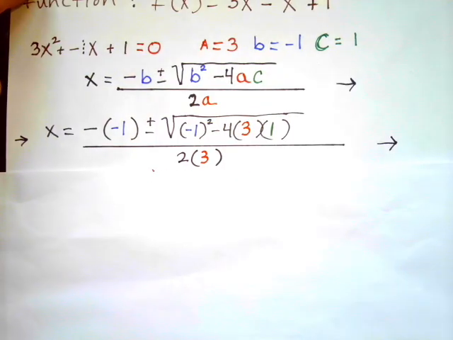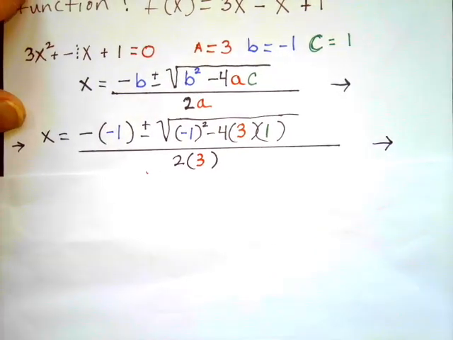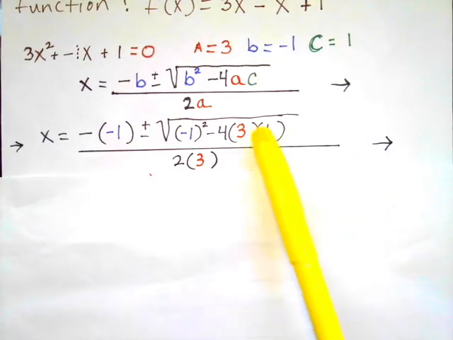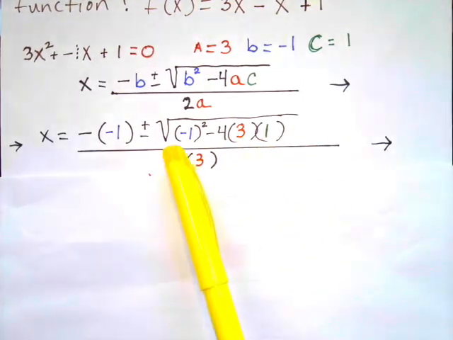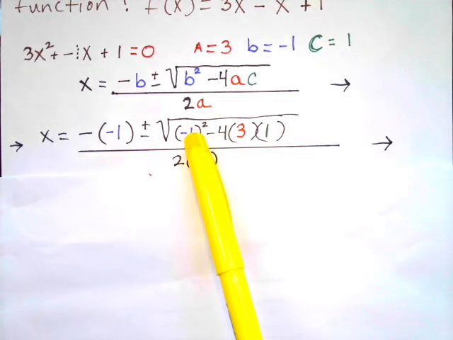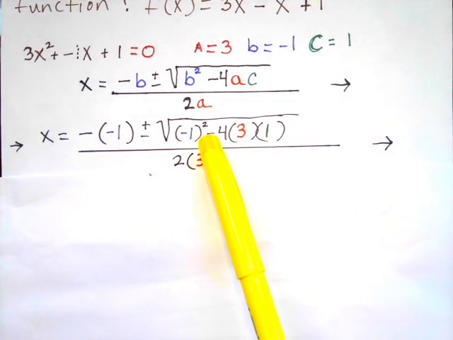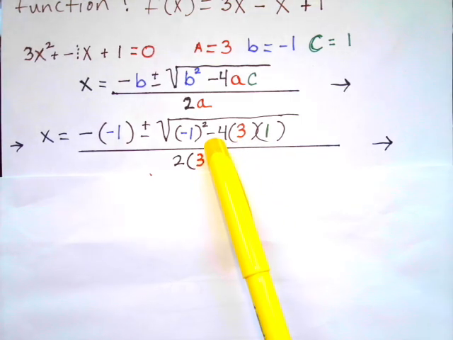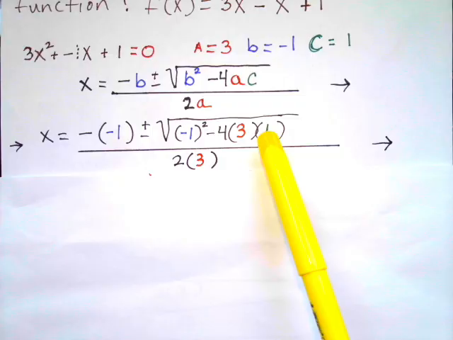So here I've substituted all of the values, my A, my B, and my C values. I'm going to simplify inside the radical first. -1 squared is -1 times -1. Then I'm going to multiply -4 times 3, and then a negative 12 times a +1.